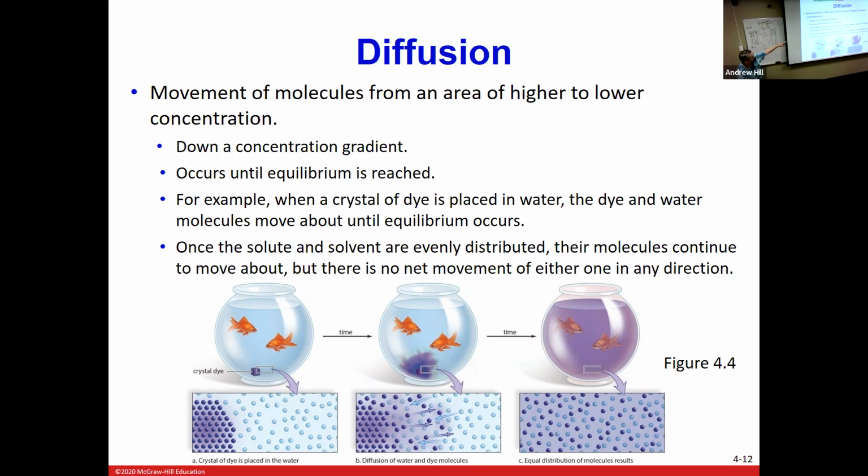So for example, when a piece of crystal dye is placed in water, the water molecules move until equilibrium occurs. Once the solute and solvent are equally distributed, the molecules continue to move about. So there is kind of a diffusion there, but there's no net movement in either direction. So in a sense, we don't have net diffusion anymore, right?